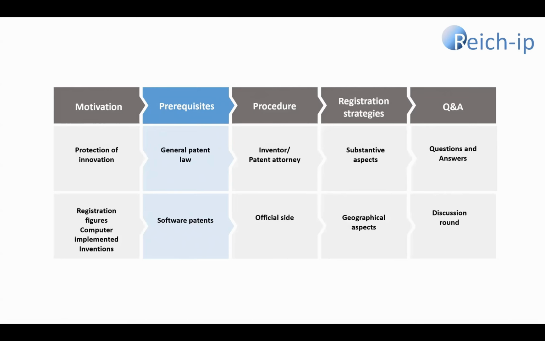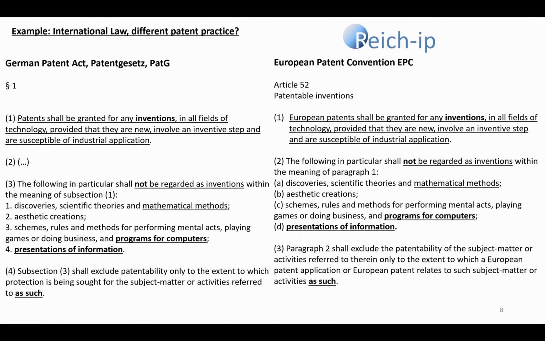So now we're gonna find out about the legal requirements, the legal basis for software patents and especially AI patents. So on the left-hand side, you see the German Patent Act, and on the right-hand side, the European Patent Convention. There's a lot of text, but I will refer basically to the bold writings.